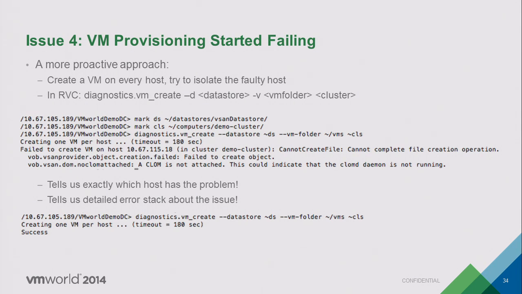And it's actually showing me, again, this error stack. And in this case, the day before I went into this host, I shut down one of our user space daemons called clomd. And that's why it's failing now, because that daemon is responsible for VM creation and placement. It wasn't running. I fixed that. I reran the command. It's now telling me all the hosts are good.